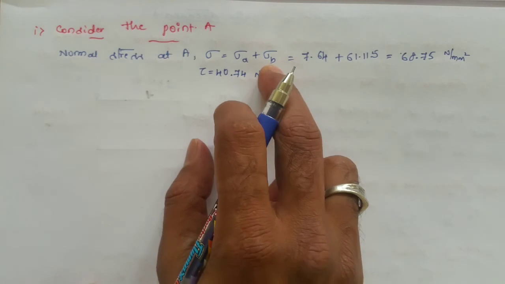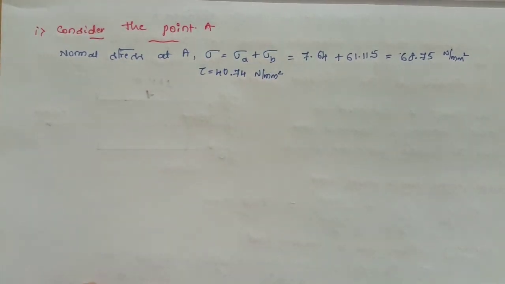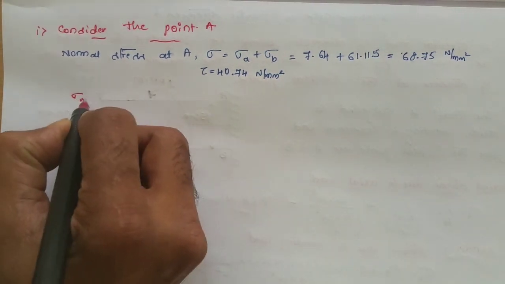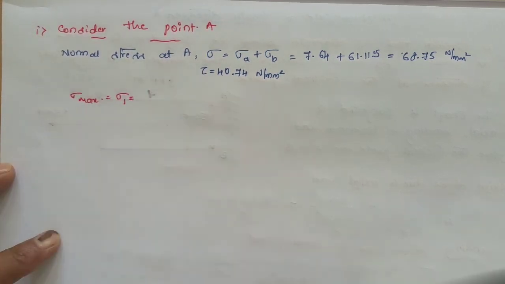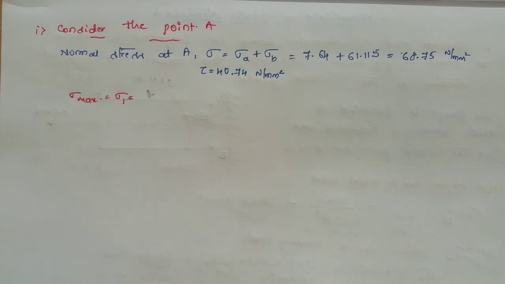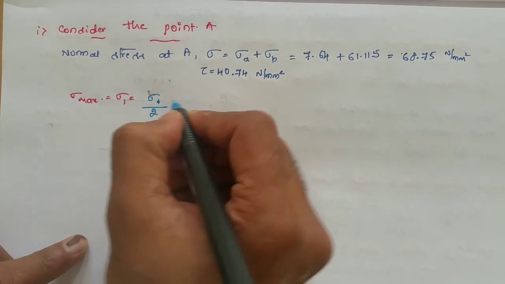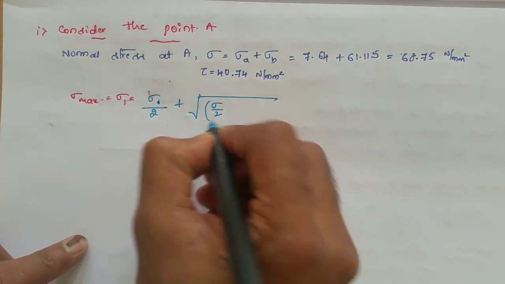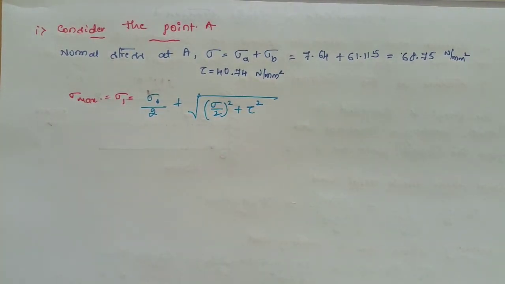With these two, sigma and tau, we use them in the maximum principal stress calculation. We know that the maximum principal stress, sigma 1, is given by sigma by 2 plus square root of sigma by 2 whole square plus tau square. This is our formula to calculate the maximum principal stress.